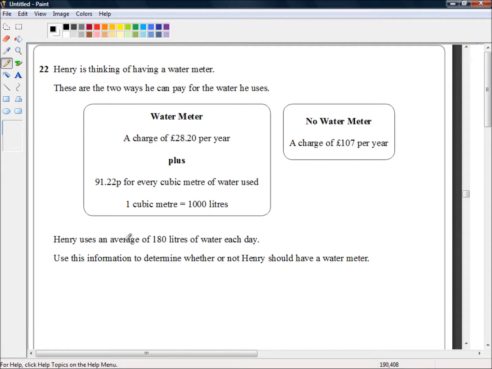So the first thing, Henry uses an average of 180 litres of water each day. So we've got to convert that to the amount of water he uses each year if we're going to make a comparison. So that's 180 litres, and we have to show our working out. 180 litres multiplied by however many days there are in a year. You can either use 365, but I'd prefer to be a bit more accurate and say 365.25 because that takes into account leap years.